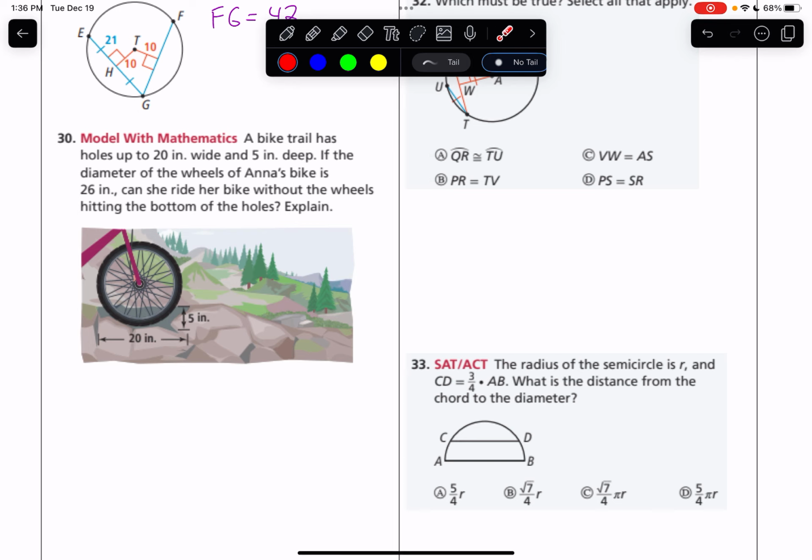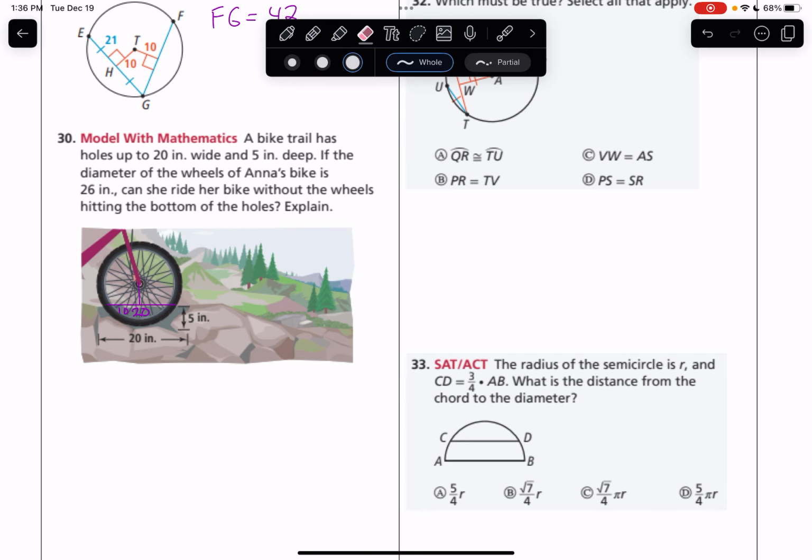Okay? So let's think about how to do this. We can make a triangle because we can draw a chord into this circle, bike tire right here, that is a 20-inch chord. And I can use half of that. If I draw this line straight down, I can say, well, half of that is 10.